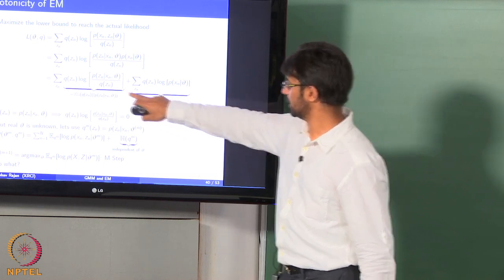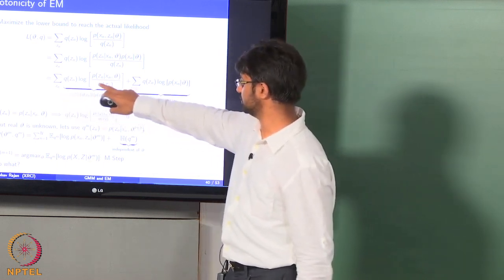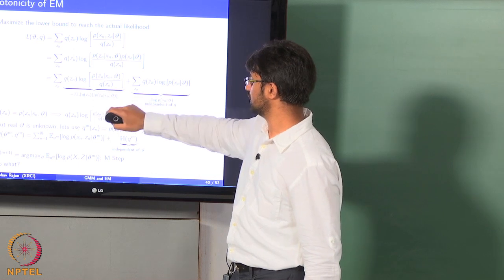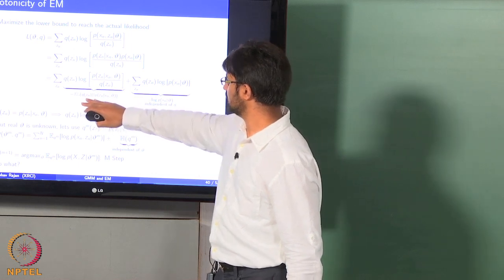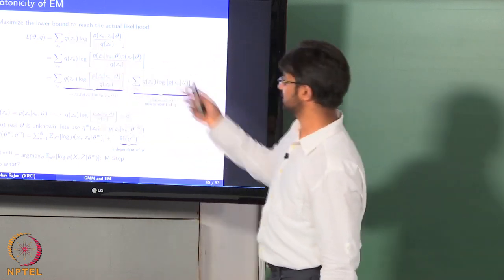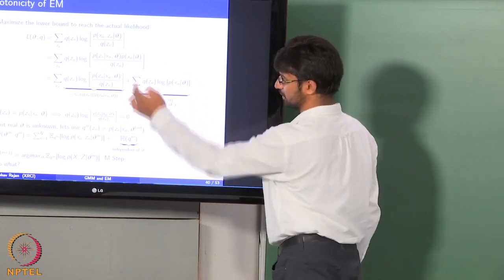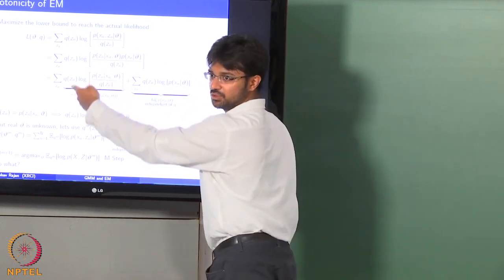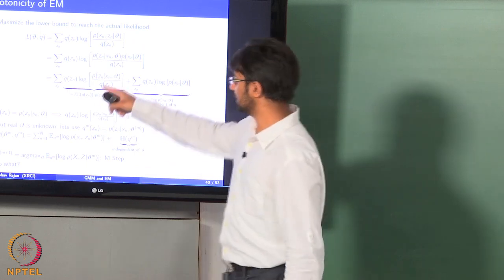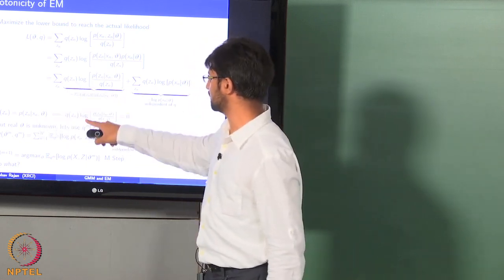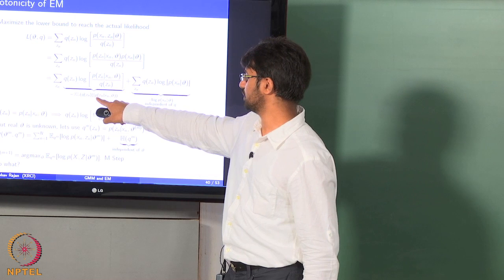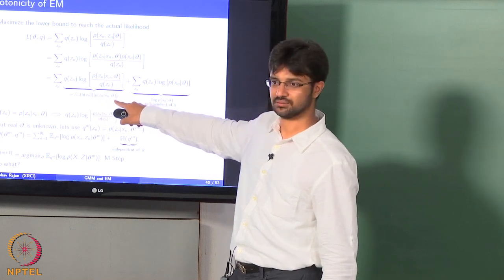So if we want the lower bound to reach the actual likelihood, we want the KL term to become 0. And that we can do by just putting q(zn) equal to the probability of zn given xn and theta.